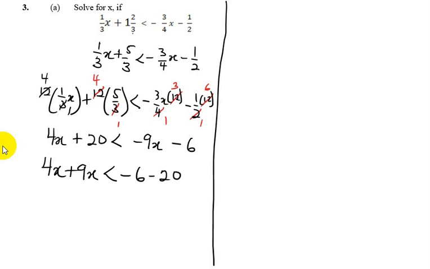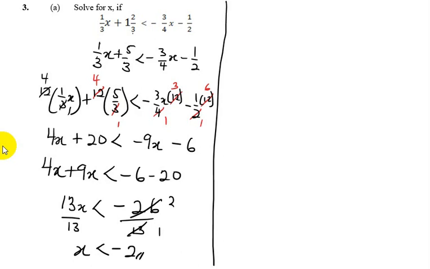So we are going to get 13x less than, now minus 6 minus 20 will give you minus 26. So we divide both sides by 13. Then we are going to get x is less than, 13 goes here 1, it goes here 2. So x is less than minus 2.